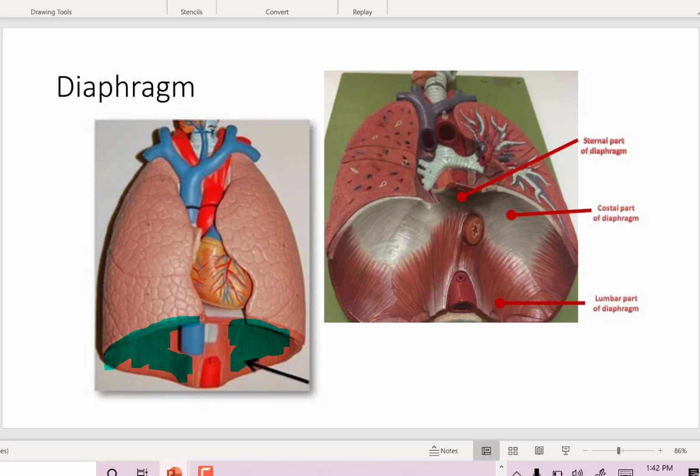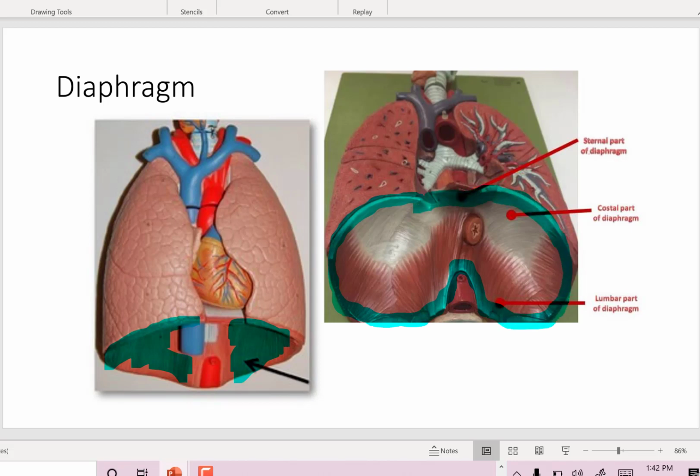It is skeletal muscle. That means it is voluntary muscle. And it is the anatomical boundary between the thoracic region and the abdominal region. And again, we can see the dome-shaped appearance of the diaphragm here.